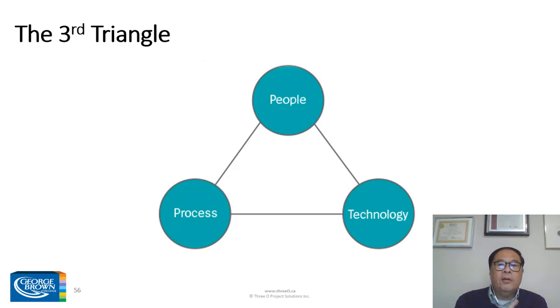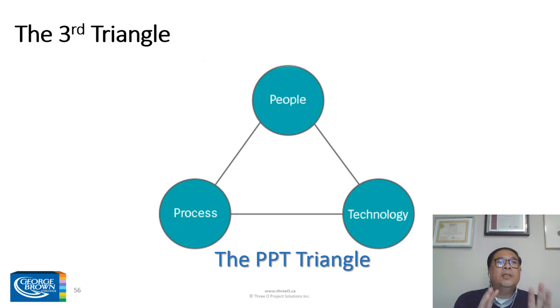Okay, the third triangle, all right? The third triangle is what I call a PT triangle. Now, this one is not entirely a security triangle. In any business process, in any business situation, there are three aspects that happen in a company. We have people, who are workers. We have technology. Absolutely, there is no company nowadays that doesn't have technology.